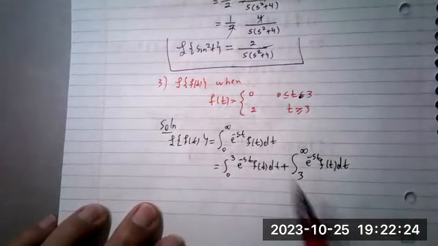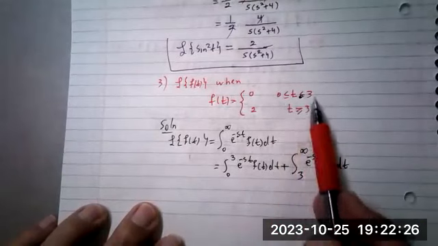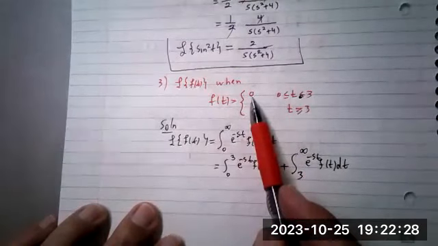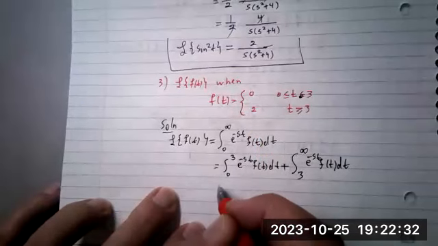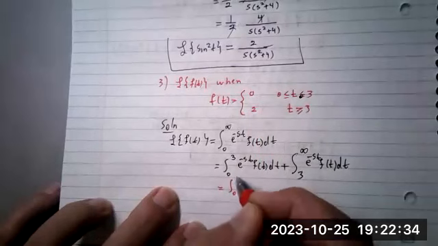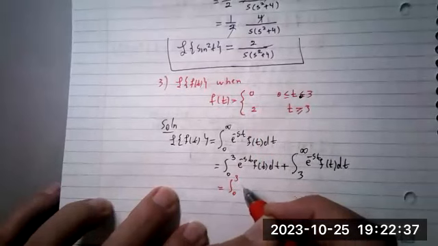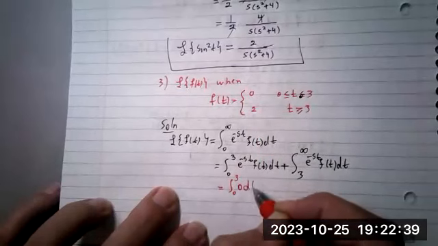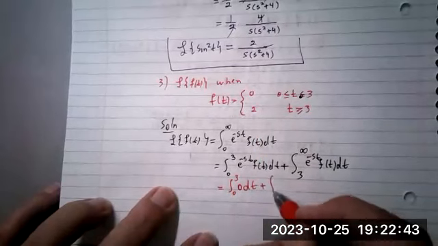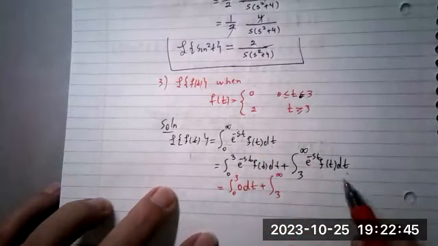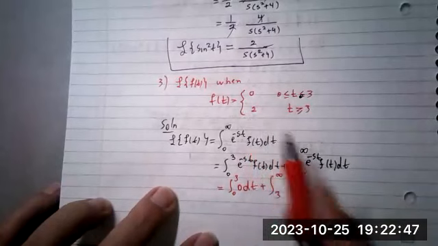Now bring the function. For the first part between 0 and 3, your function is 0. So this will disappear. So it's going to be the integral from 0 to 3 of 0. I just write it down to give you the hint of what would happen to it. But in the second part, your function is simply 2.